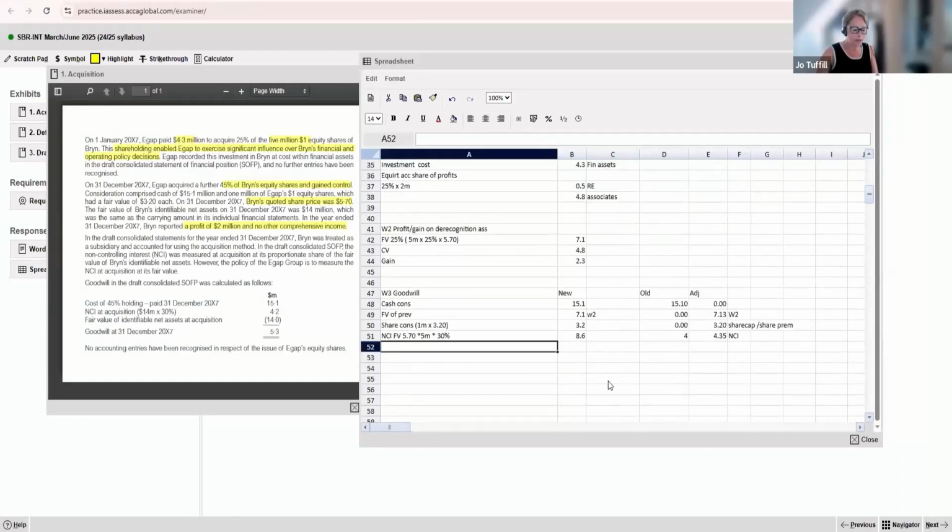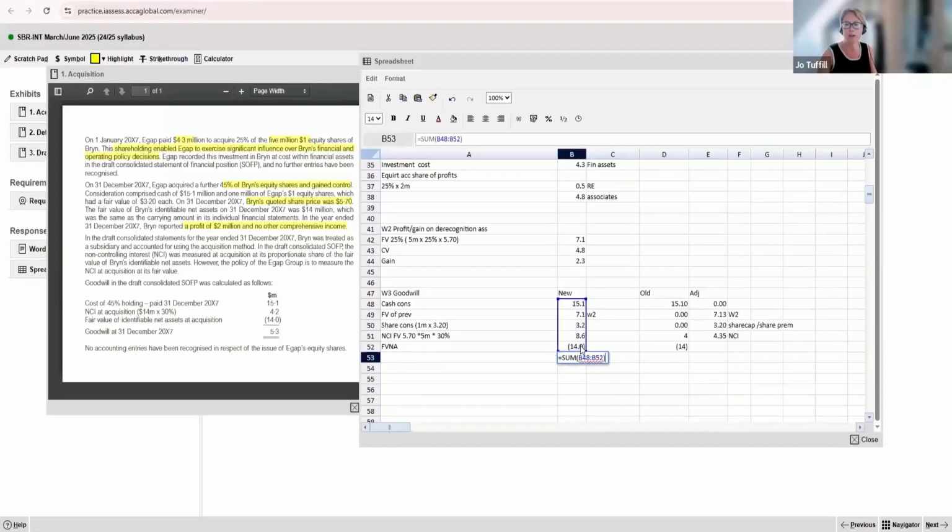And then the fair value of the net assets is correct. So it's minus 14, minus 14. So we don't need to adjust for that. And so the goodwill is therefore the sum of those figures. And we have now created a revised goodwill. And the other goodwill, if you want to just make sure you've got that, you copy that across, as you can do, is 5.3, which is what they had originally.